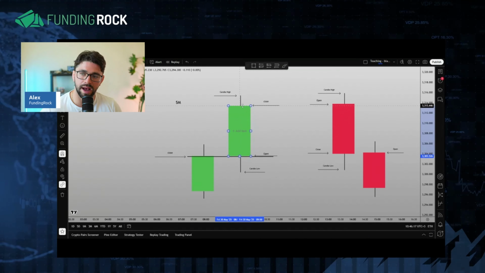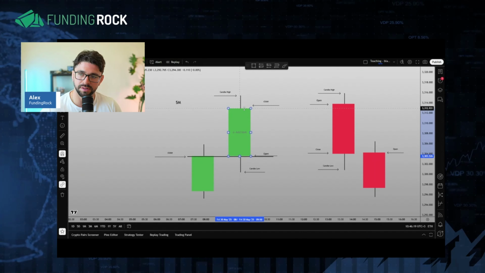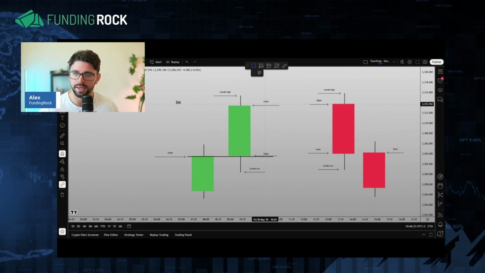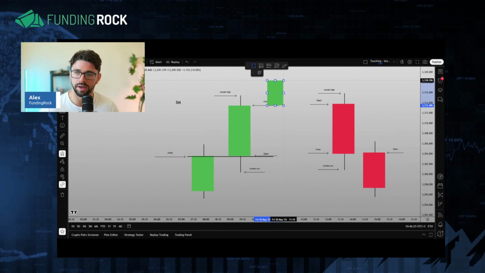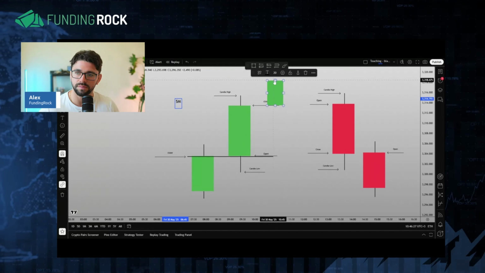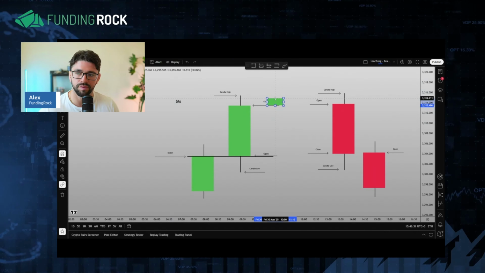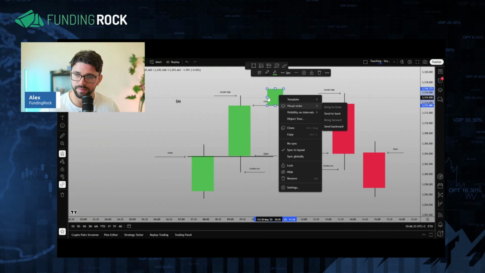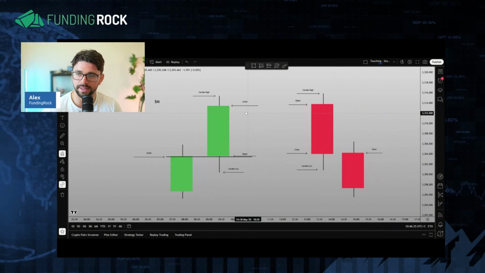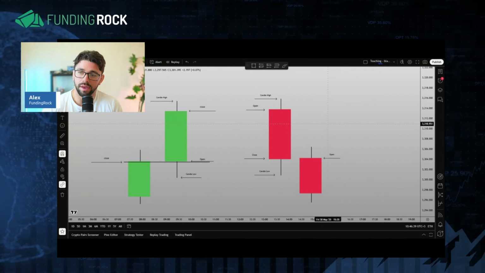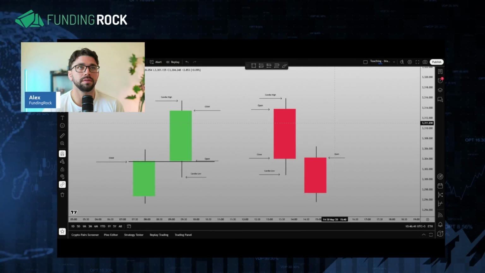After 5 minutes is up, it closes right here. Then the next candle is going to open right here, and it will do the same type of price movement. So that's that.